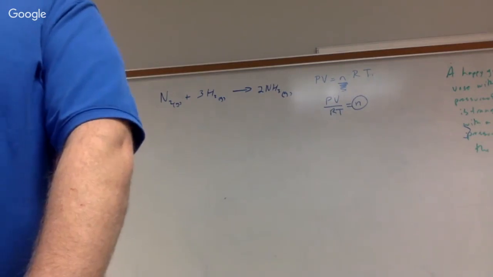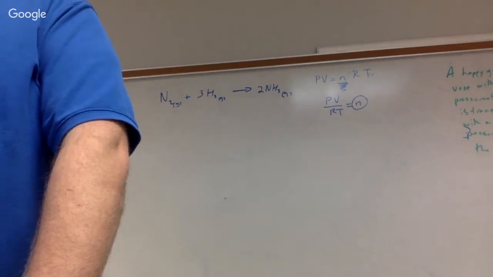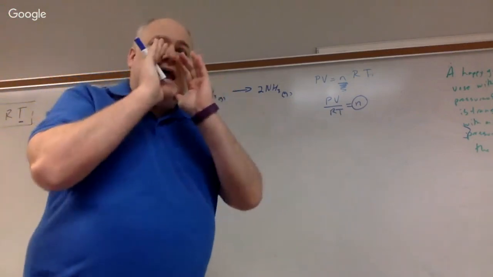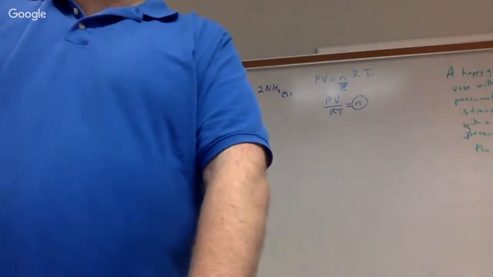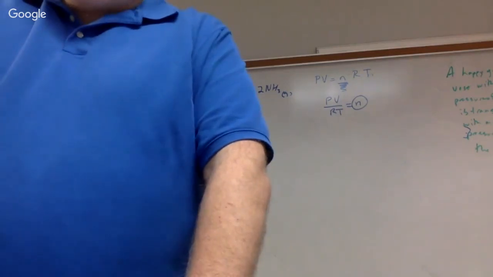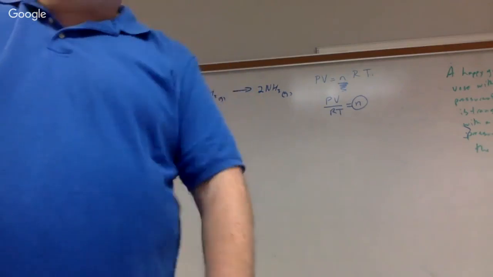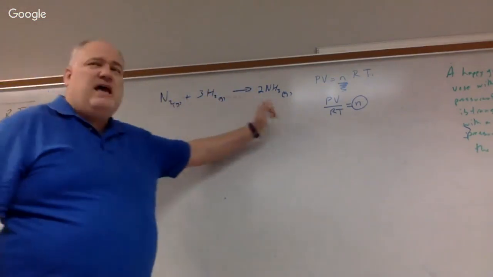Let me point out something that may be uber obvious, but perhaps we may overlook it. This ideal gas law is only used when we have gases. Now, where does this manifest itself? Well, in this particular problem, we're all good because isn't everything in here a gas?